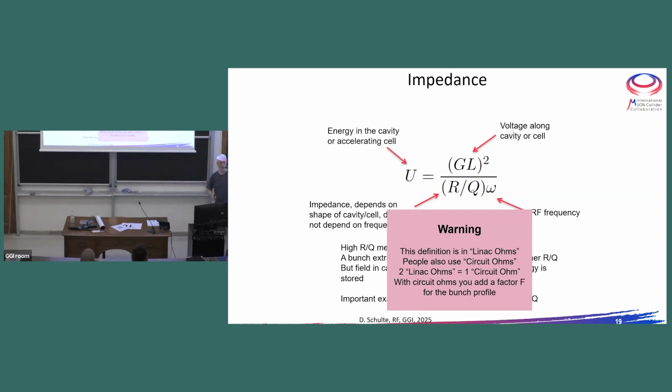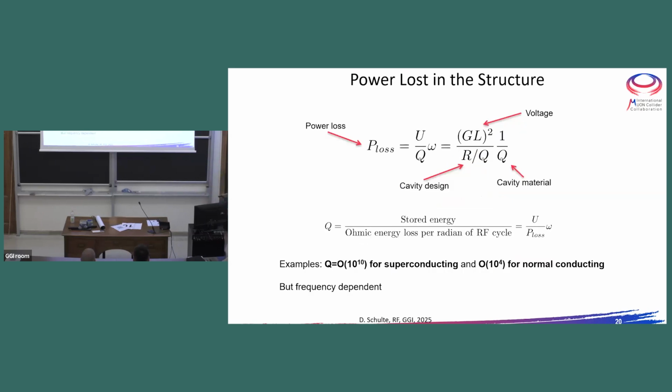So that makes a factor 2 difference for the impedance you get. And ring people add a factor F that describes the bunchedness of the beam. So if the beam is delta functions, this factor F is 2. If the beam is a nice sine-like charge distribution, then this is 1. But it's very confusing. And sometimes you look at the table and it says so and so many ohms. You say, do I need to multiply by 2 or not? Okay.